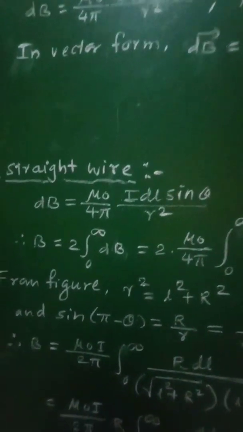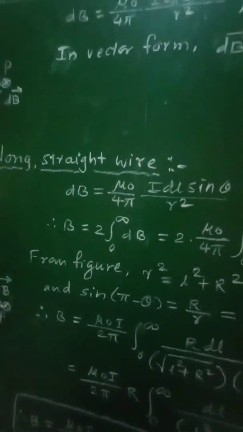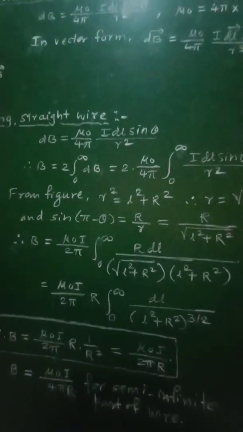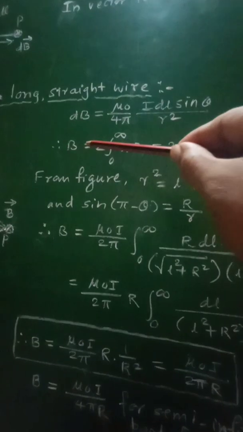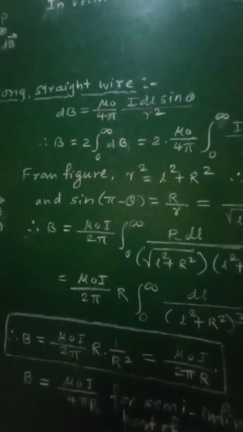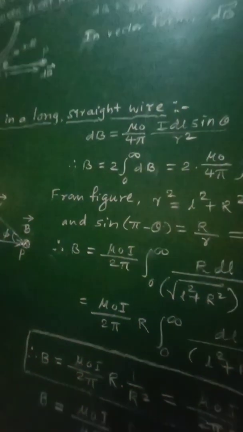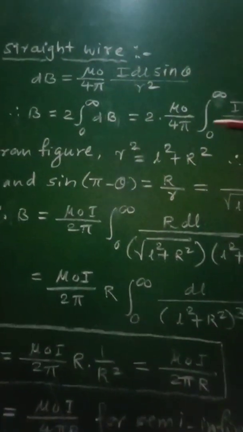Now as that wire is considered to be made up of two infinite parts, the total magnetic field B at that point P due to the whole wire will be twice the integration of dB, because that wire has two semi-infinite parts.